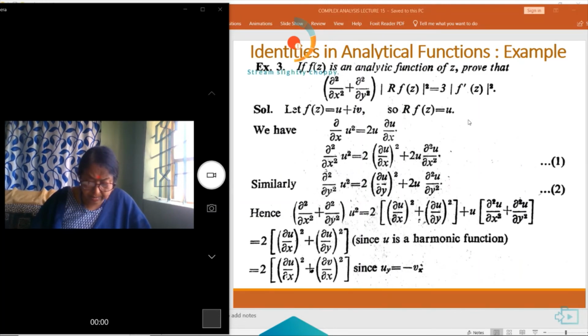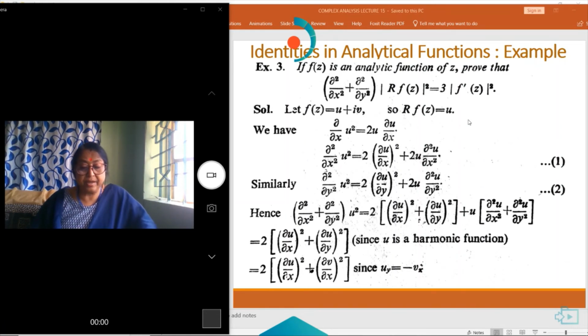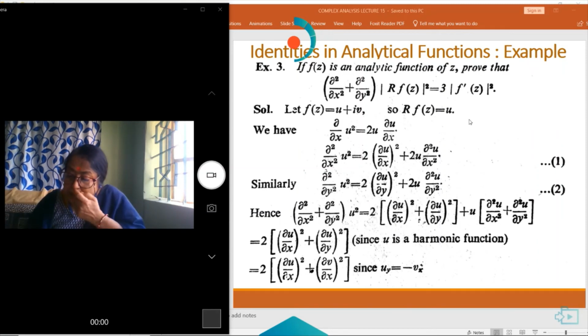Hence 2 times del u by del x the whole square plus del u by del y the whole square is equal to 2 times del u by del x the whole square plus del v by del x the whole square, applying the Cauchy-Riemann equation.